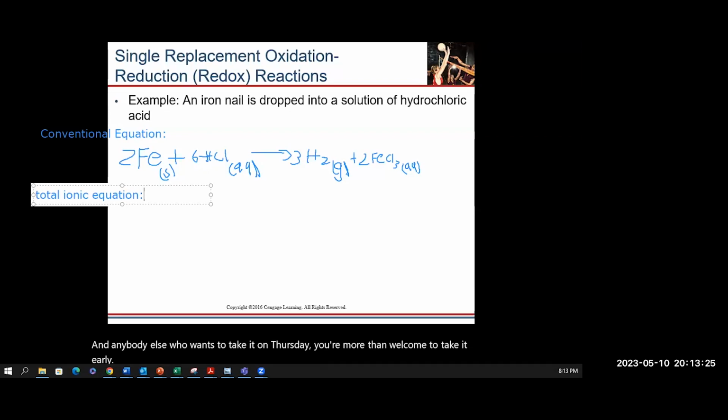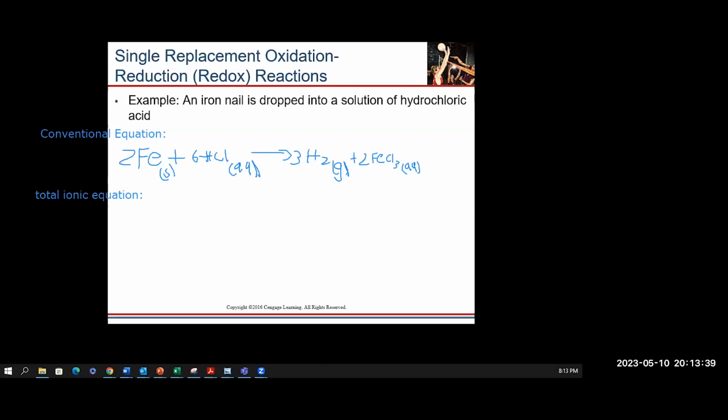So for the total ionic equation, what are we going to do? Isn't it just separating all of them? Okay. So we will have 2Fe, solid. Oh, so you expect me to be Alexis now? No, I can't write. 2Fe, solid.